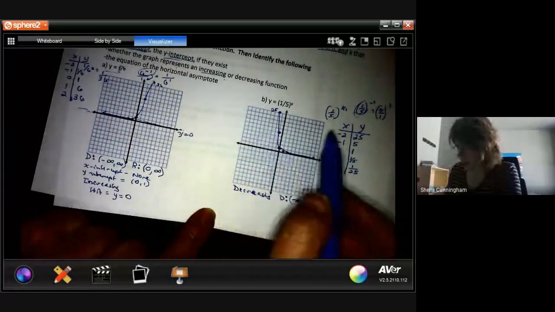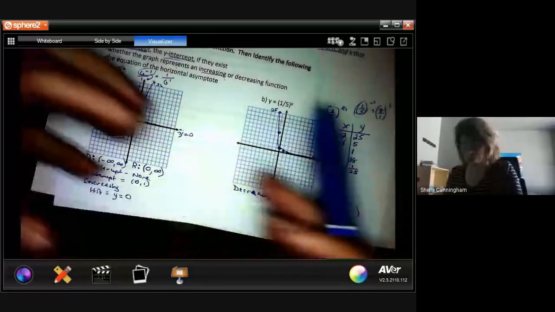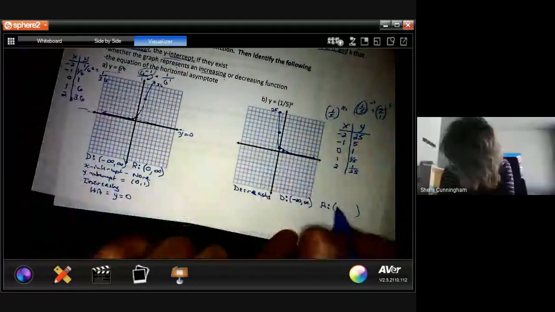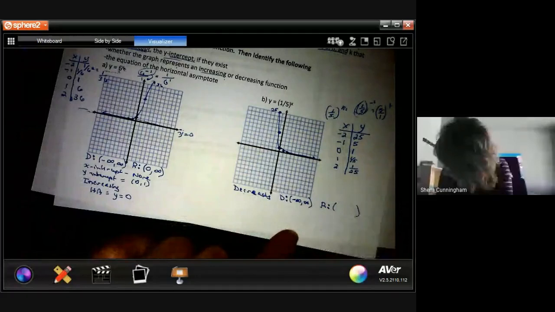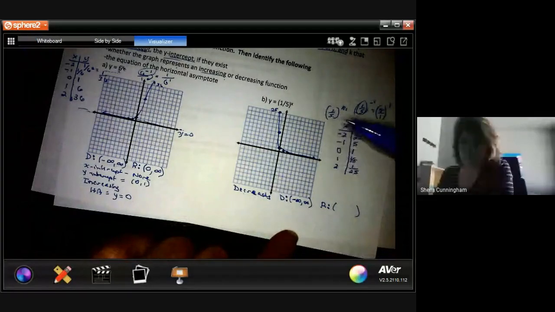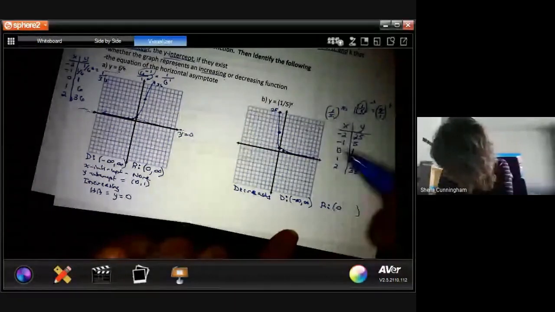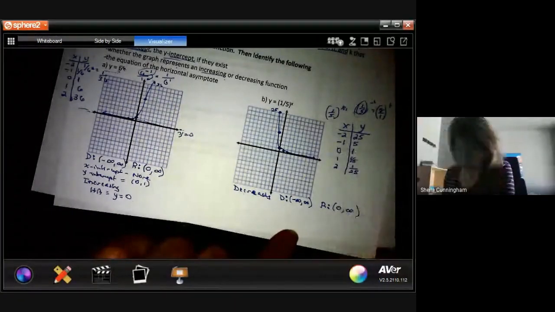I have no restrictions on my domain. It goes in both directions, right? And then my range? So think again, you're dealing with low to high. So you're still dealing with your lowest y value being 0 to infinity, right?